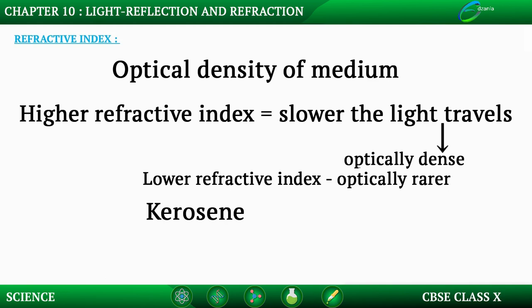We know that kerosene is lighter than water. Its mass density is less than water. But when it comes to optical density, it is the other way around: it has a higher refractive index than water. So it is optically denser than water.